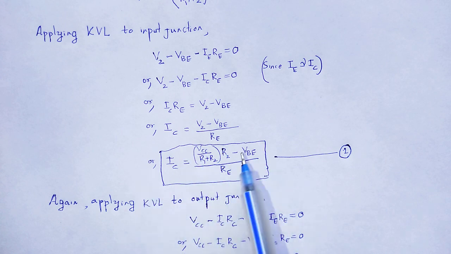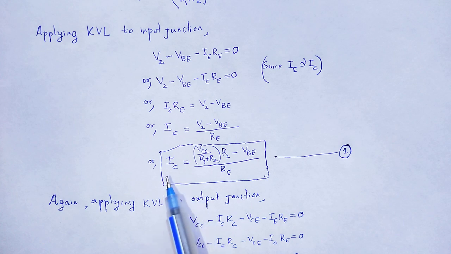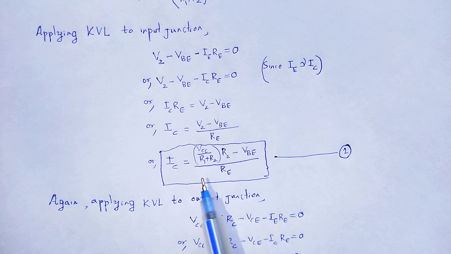As there will be no term of beta, so we can say that voltage divider biasing method is an useful method for transistor biasing stabilization. For that reason, that kind of biasing accepted universally.